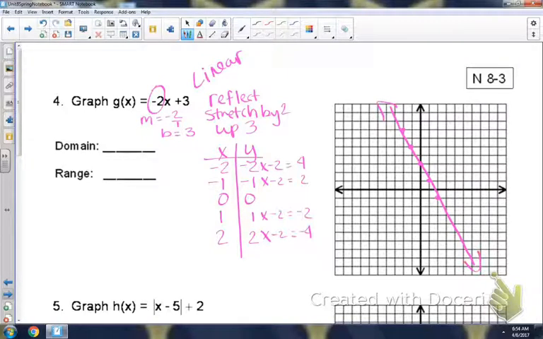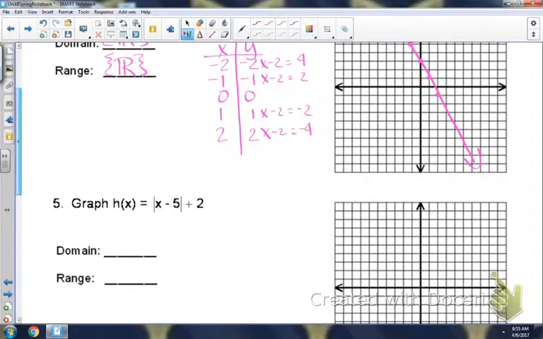So on the linear one, since we already know how to graph those, instead of using your transformations, you can also just use slope and y-intercept if you want to do it that way. Alright, so domain, remember we talked about on the front. On a linear function, domain and range will always be all real numbers because it's continuous both directions. Okay?